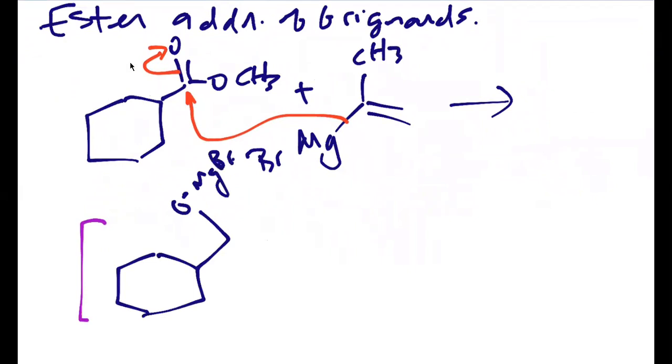And then I have an OCH3, and then this carbon right here from that alkene, the vinyl group, is what's getting attached. Like so. You know oxygen is going to be negative, and then the MgBr is positive. Let me put some way to split this up.